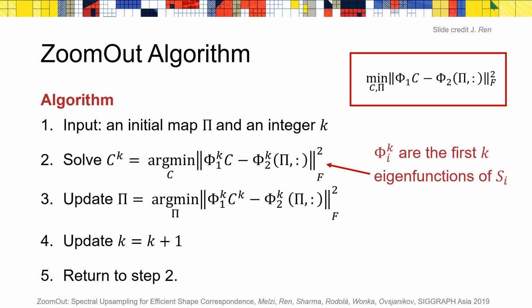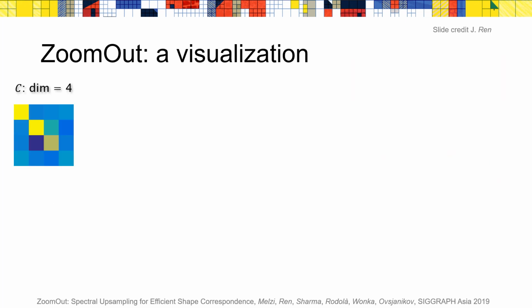Moreover, at each iteration, we increase the size of the map, adding new frequencies to the functional map representation. And this is exactly what we want to do, to add new frequencies to the functional map representation, trying to recover a more precise representation of the point-to-point map.